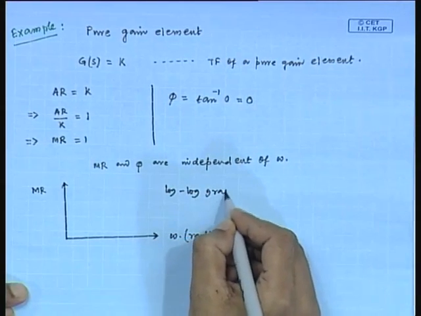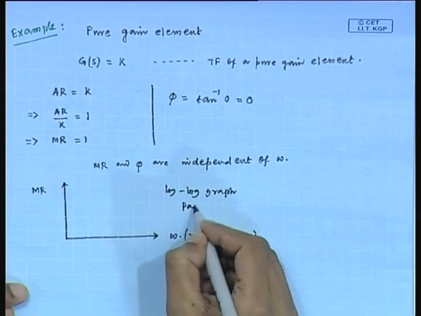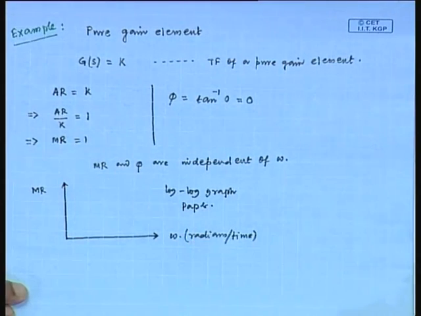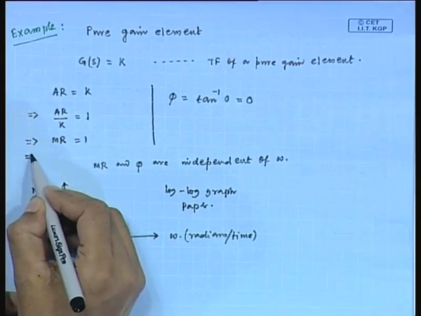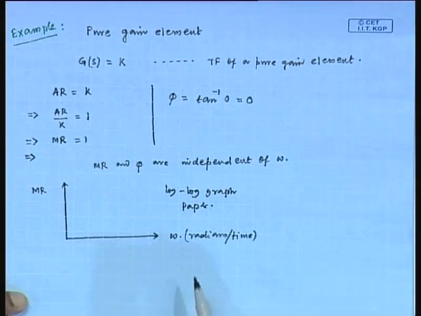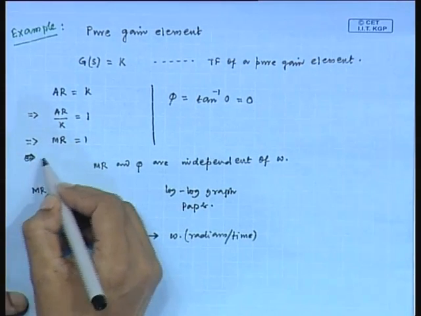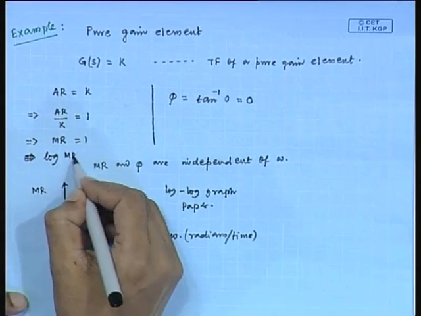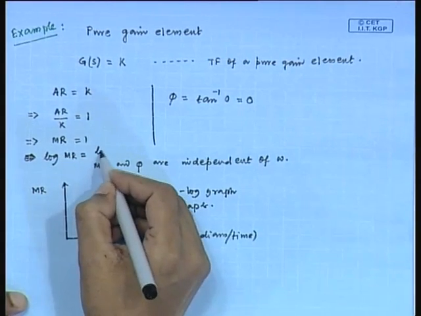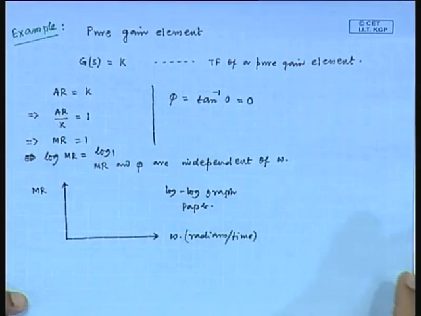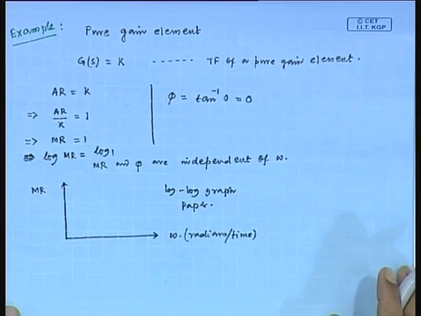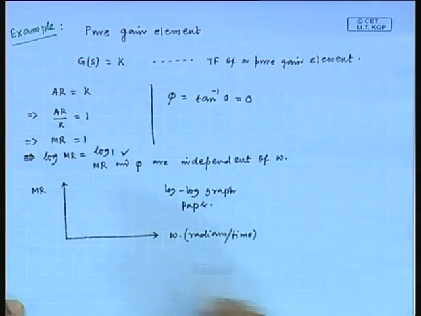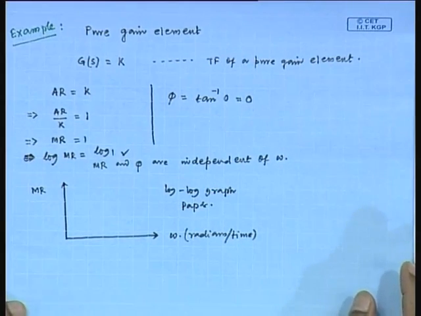Fine. Now, since we obtain magnitude ratio equals 1, so in the next step we can write logarithmic of magnitude ratio equals log 1. Can we write this? Log of magnitude ratio equals log 1.